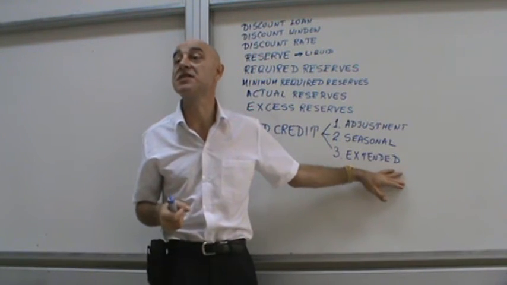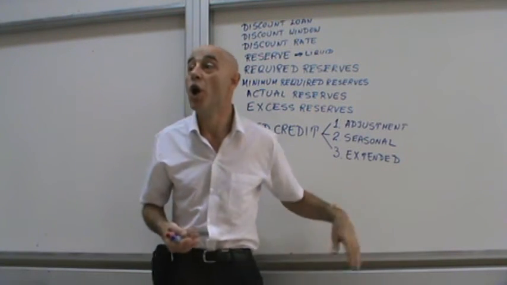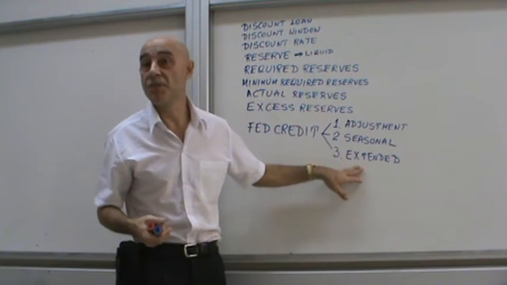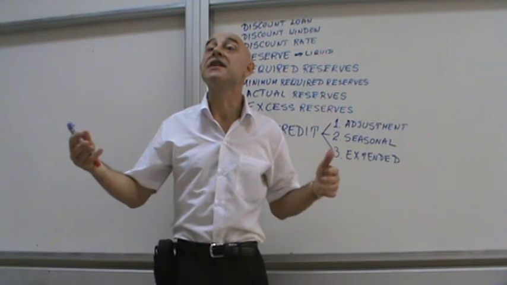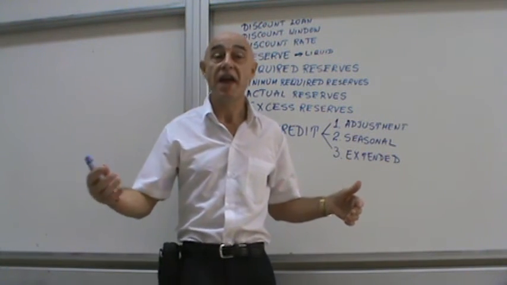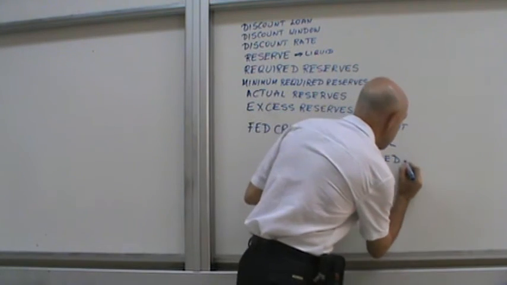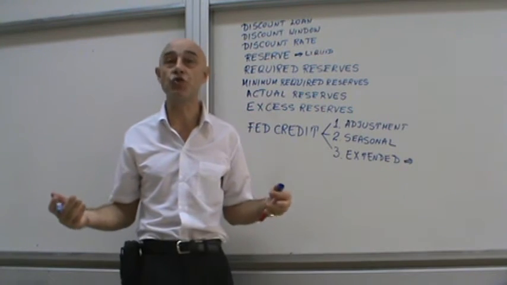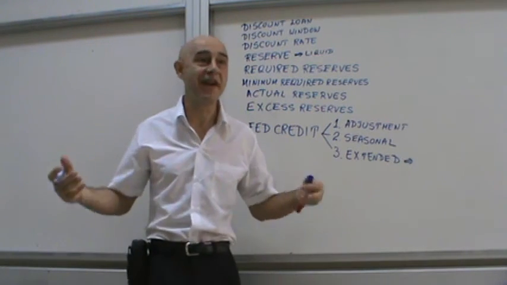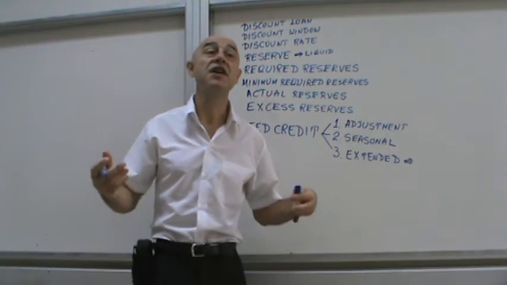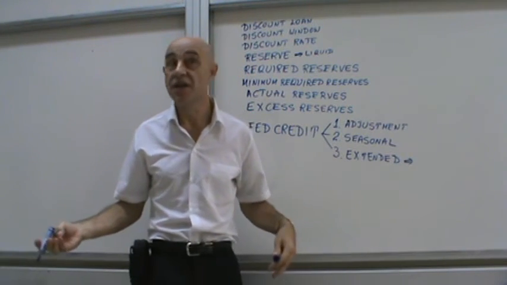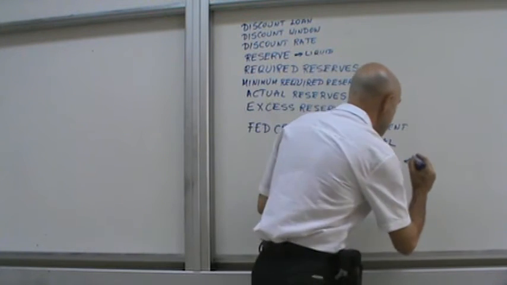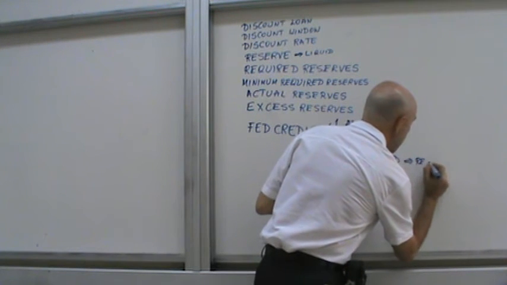Extended is credit for a long period of time because the commercial bank is in deep trouble. It's for the purpose of helping the bank restructure, to make major changes in its operations, because the bank is in serious trouble.